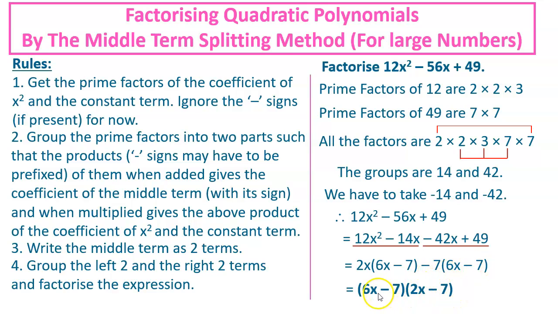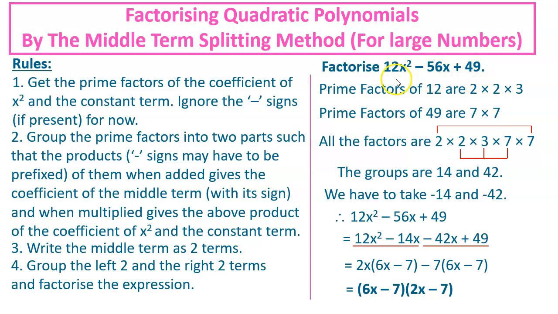So the final factorized form of 12x square minus 56x plus 49 is equal to 6x minus 7 times 2x minus 7.